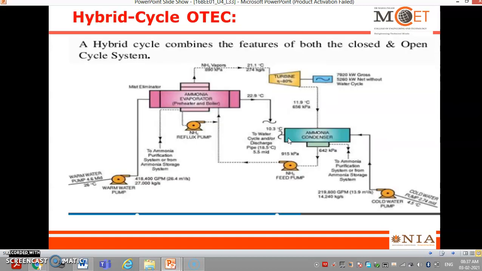This is nothing but a hybrid cycle, a combination of both open and closed loop cycle systems.